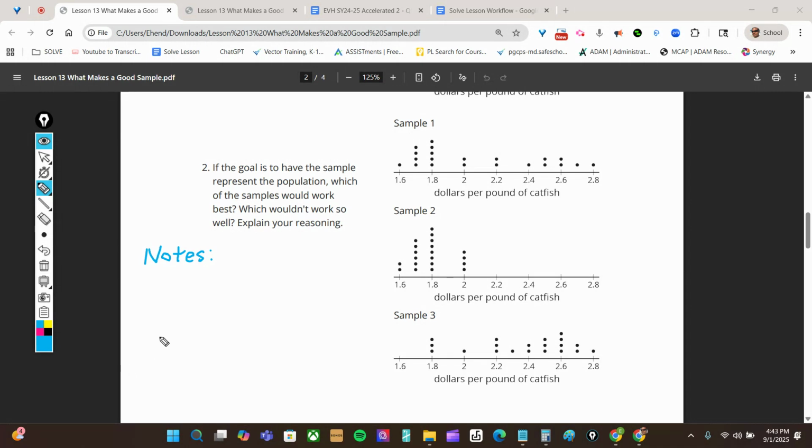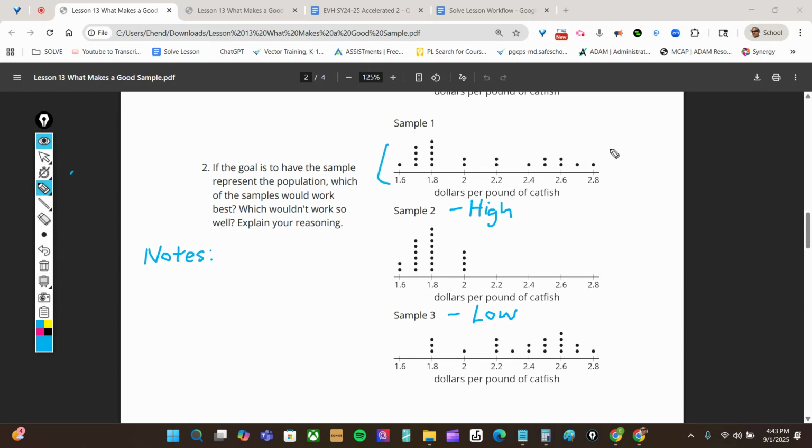Okay, so if we look at sample number 2, sample number 2 does a good job of representing the high values. Okay, and I would say sample 3 does a good job of representing the low values. Okay, but sample 1 probably is the best at representing both the low and the high and the spread.